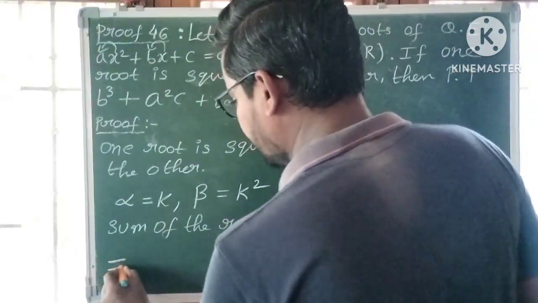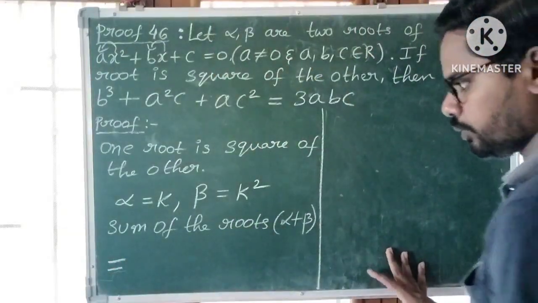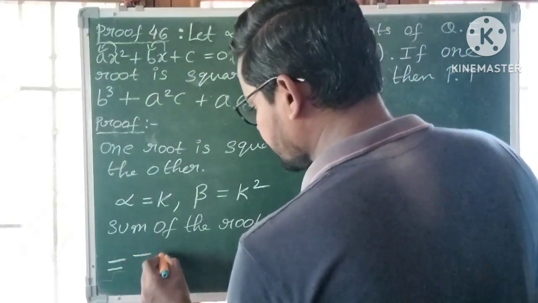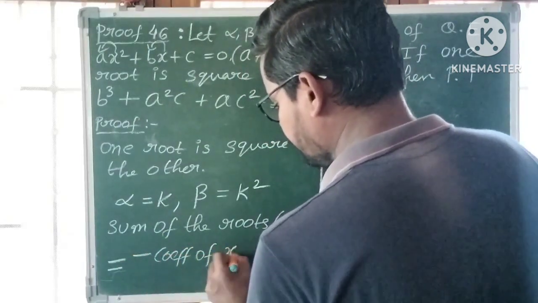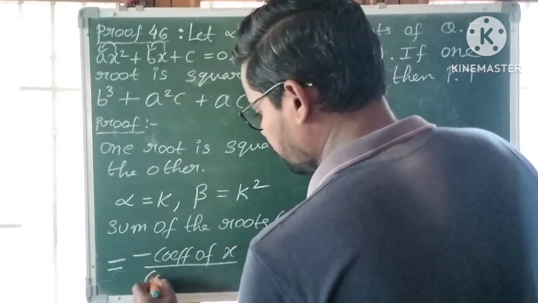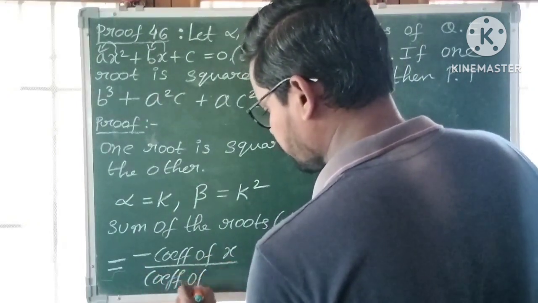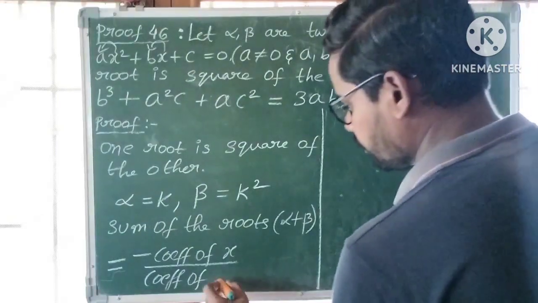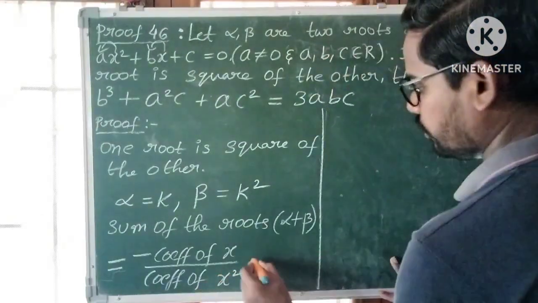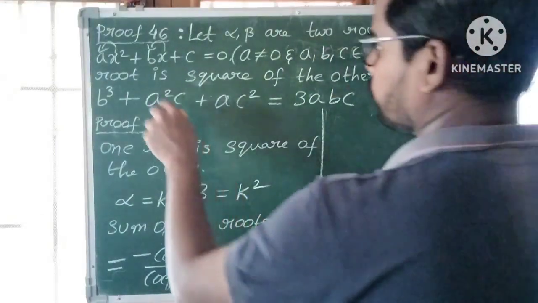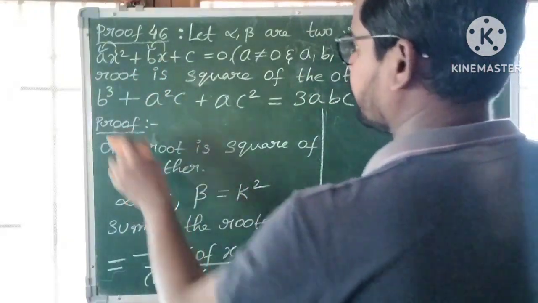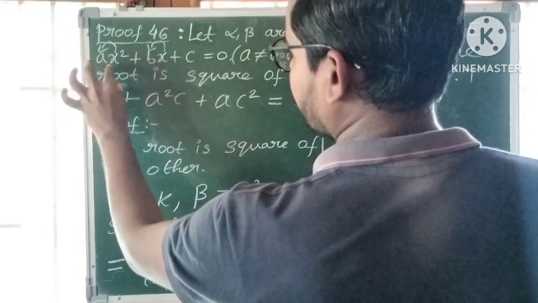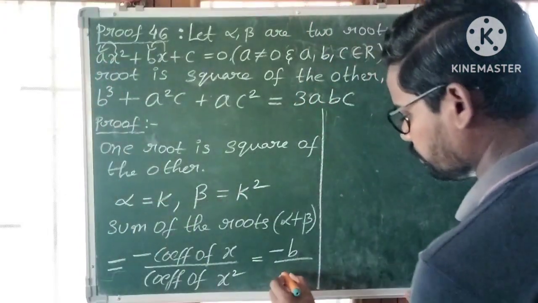So alpha plus beta, the sum of the roots, is equal to minus coefficient of x by coefficient of x square. So minus coefficient of x. The coefficient of x is b, minus b by coefficient of x square. The coefficient of x square is a.